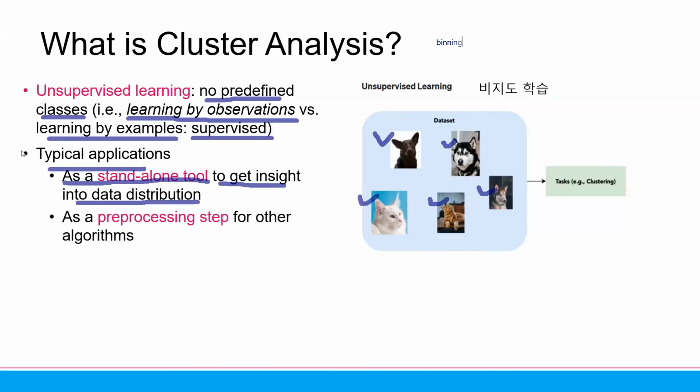Or you can use clustering as a pre-processing step. If you still remember self-supervised learning, you need to apply clustering first, and after you get the result from clustering, you can do the classification.